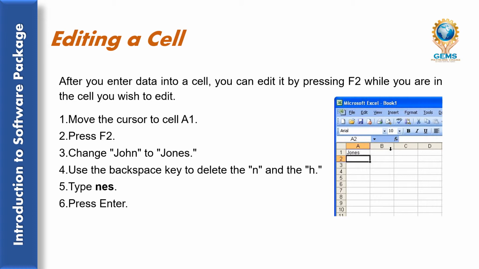Change John, which was already there, into Jones. John has an H and an N at the end, and Jones has N E S. So use the Backspace key to delete the H and N, and add N E S. Finally, press Enter. Now the name has changed from John to Jones.